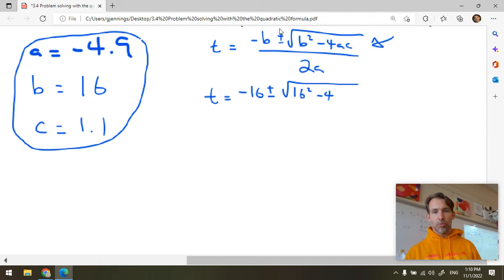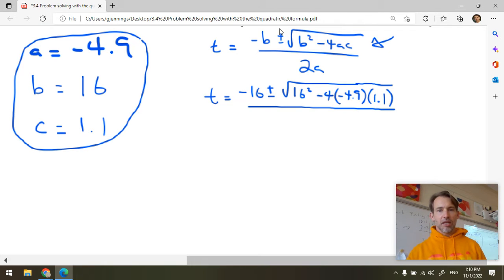Well, a is negative 4.9, so put a negative 4.9. And then multiplied by c, so c is 1.1. So multiply by 1.1. Cool. This should continue on over the whole thing, all divided by 2 times a. So that's 2 times negative 4.9.